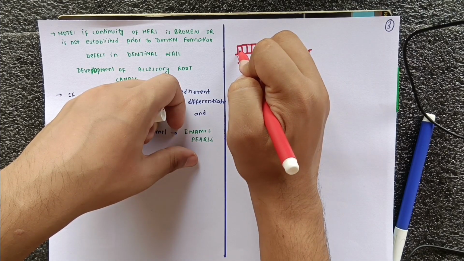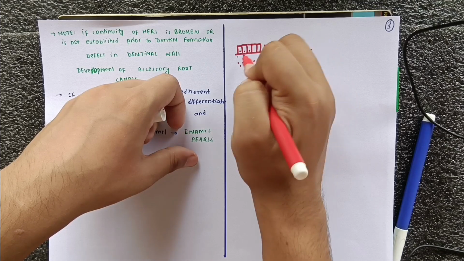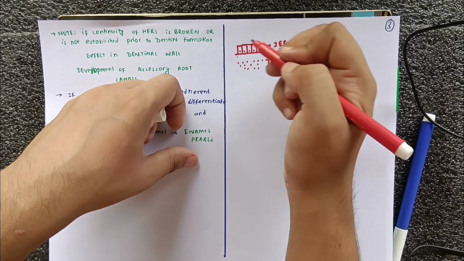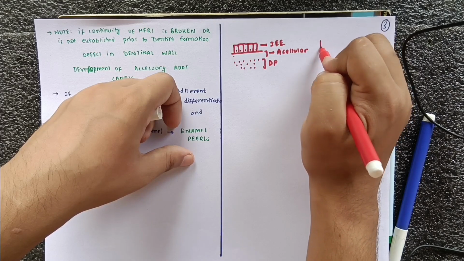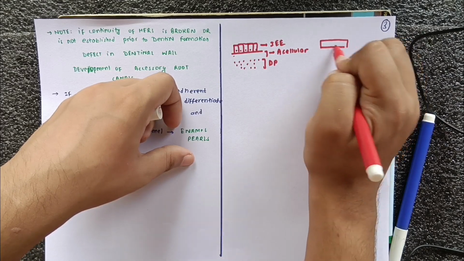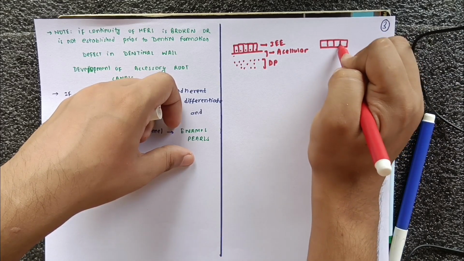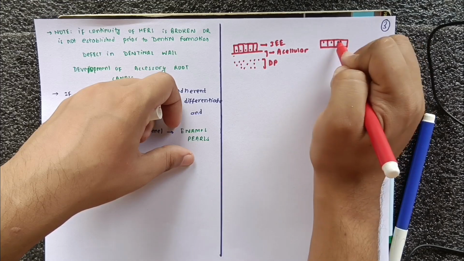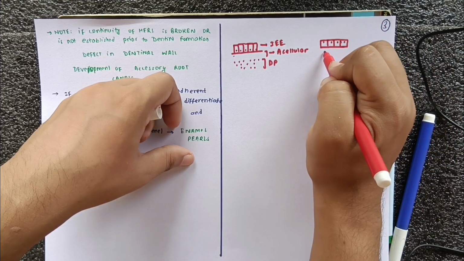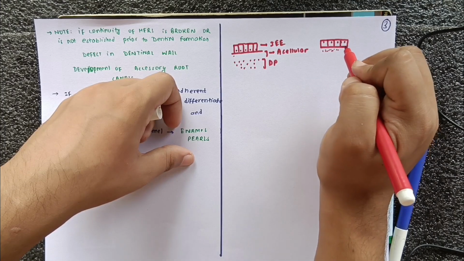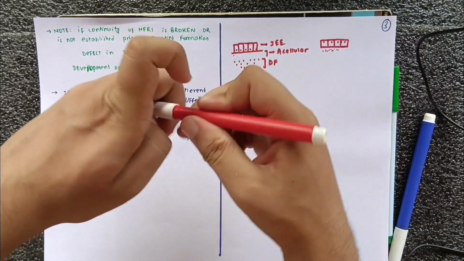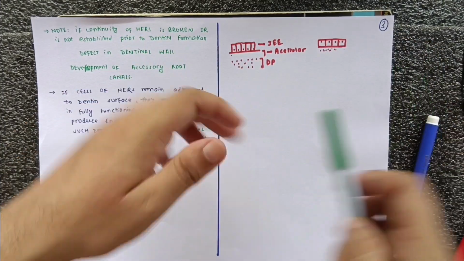The nucleus is present towards the basement membrane, and after the reversal of polarity it moves, as in another picture, so the nucleus is moving here. In this area these are not cells, these are enamel proteins. I will show with another pen so you will be clear.